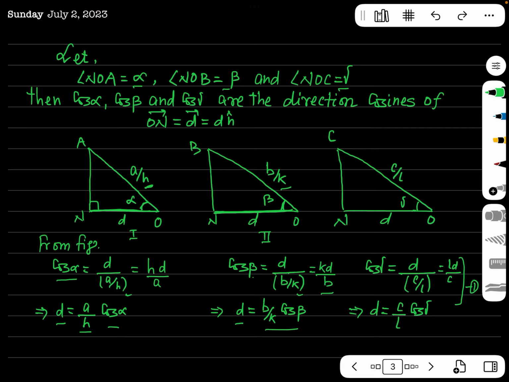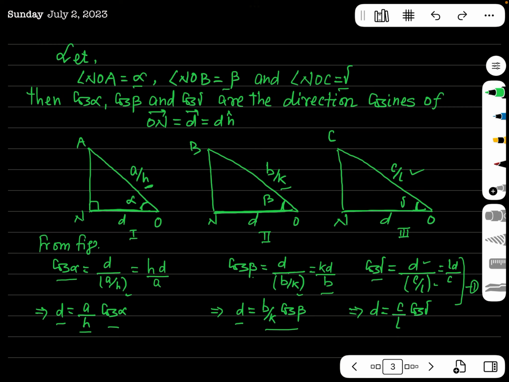Similarly, you can see in the third figure, as we have assumed that angle NOC is equal to gamma, ON is equal to d, and OC is equal to c by l. This is actually the intercept of the plane ABC on the third crystallographic axis. And so cos gamma will be equal to ON divided by OC, but ON is d and OC is c by l.